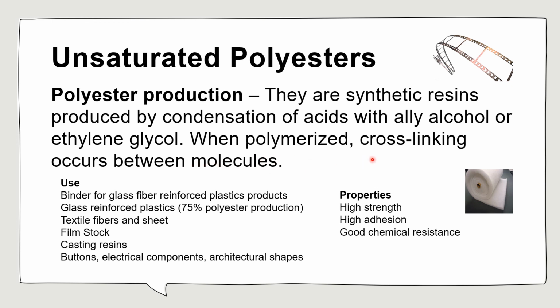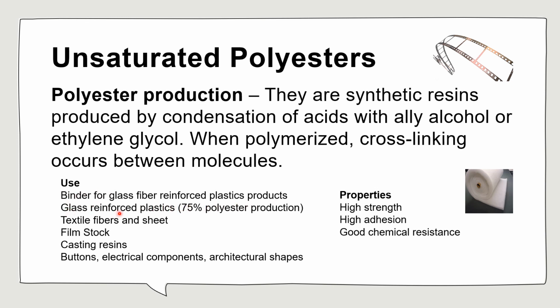When they polymerize, cross-linking is going to happen because the chemical reaction is happening. Something is going to link to something, and then they're going to polymerize. So you get a long molecular chain coming out of the chemical reaction. When you take a look at the properties, they have high strength, high adhesion, and good chemical resistance. So we use them as binder for glass fiber reinforced plastic products.